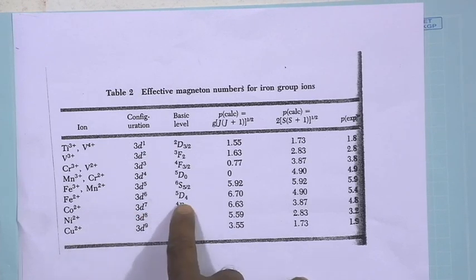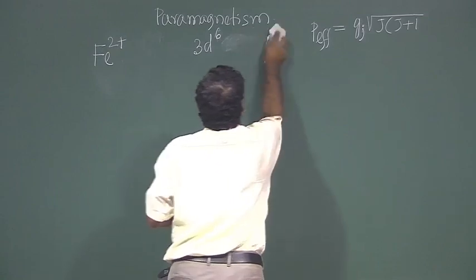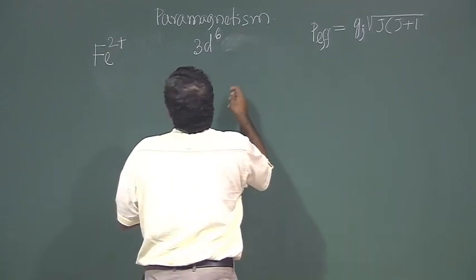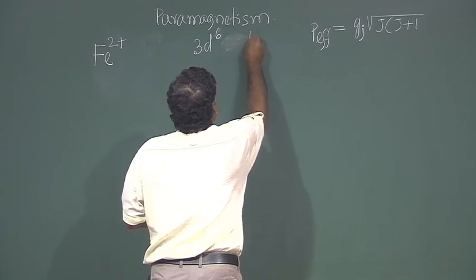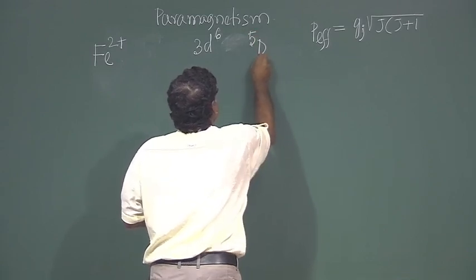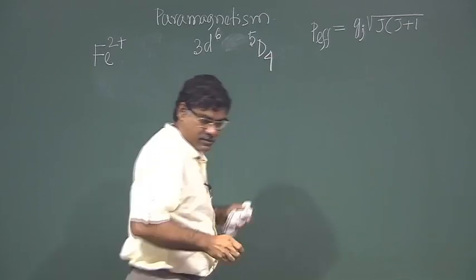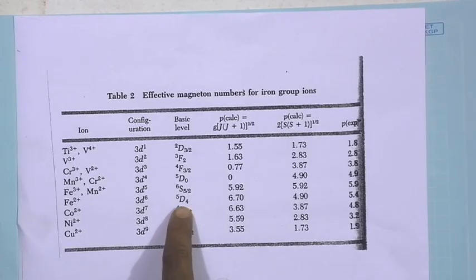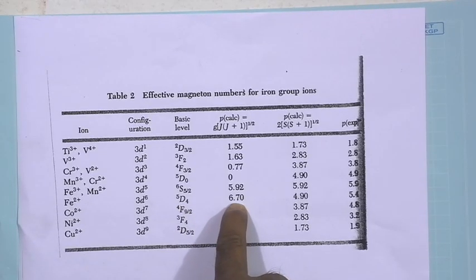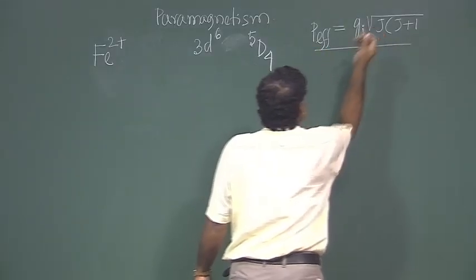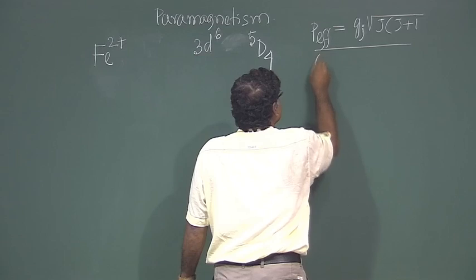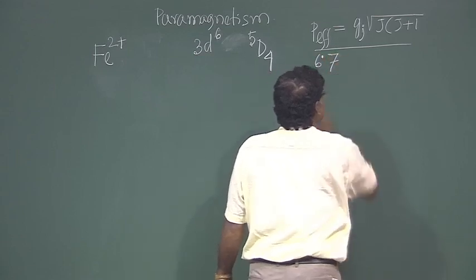So the basic spectroscopic term will be 5d4, and this value we are getting 6.70 using this formula.